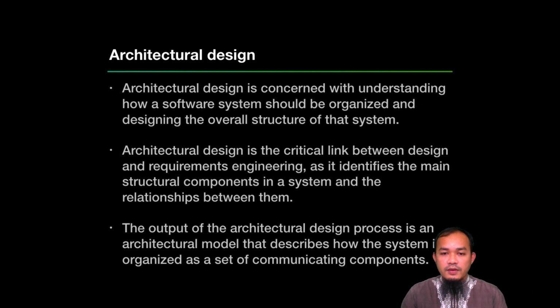The main point of architectural design is to translate the requirement modeling into something in design that we can see via a figure or via explanation in terms of high level design. The output of the architectural design process is an architectural model.